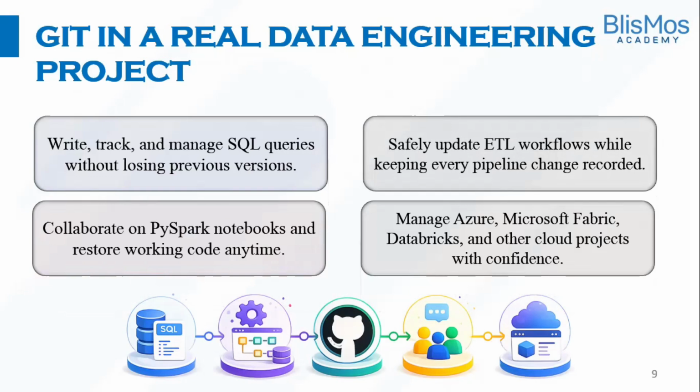All the JSON files can be managed easily, keeping the pipeline changes recorded, collaborating with the PySpark notebooks, and restoring the working code anytime. So you can manage Fabric, Azure, and other cloud products with it. This is how the other platforms also collaborate with Git so that each and every progress of the project is saved properly.